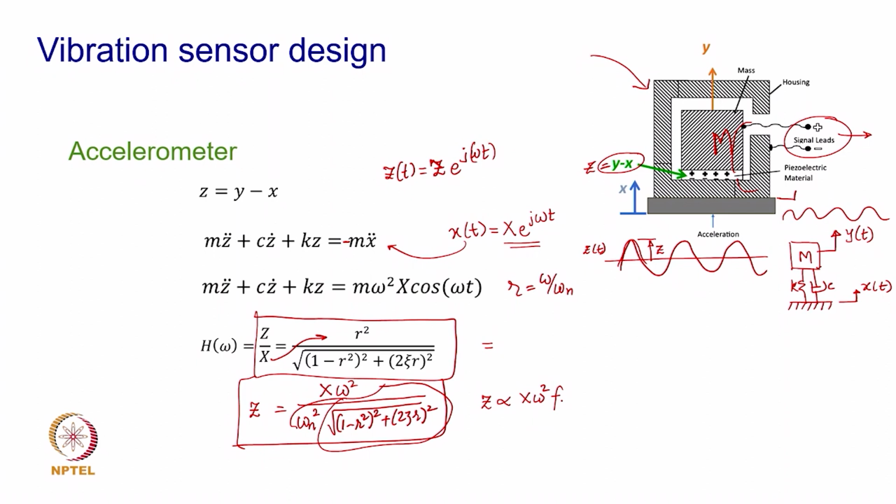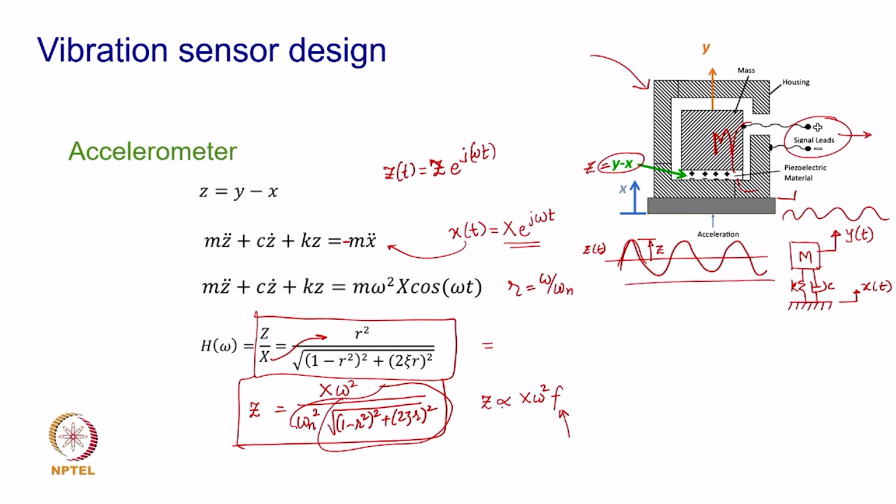So this factor is obviously not a constant; it varies if your excitation frequency omega changes. But suppose you have a particular excitation frequency, then the Z, or the compression in the piezo pads, is going to be proportional to this value.